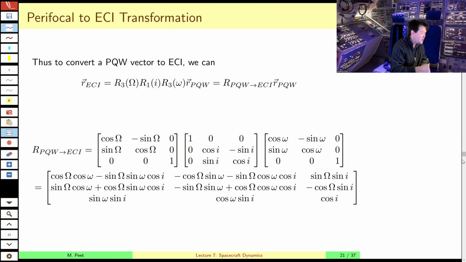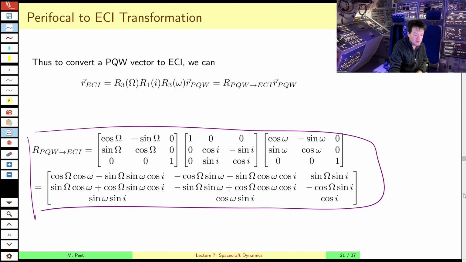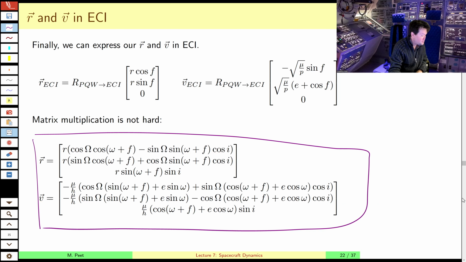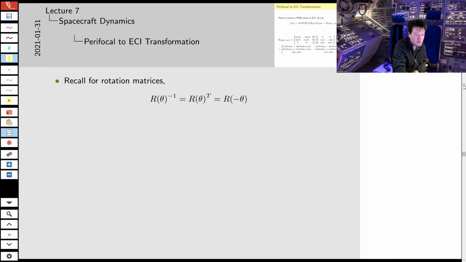Yeah, there it is. So we actually have a closed form solution for this position and velocity vector in terms of those orbital elements. But understanding this big, huge, hairy equation, which is of course a major result, requires us to go through a lot of rotation matrix stuff. So we'll have to do that.